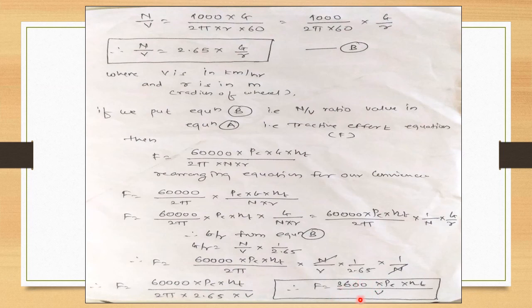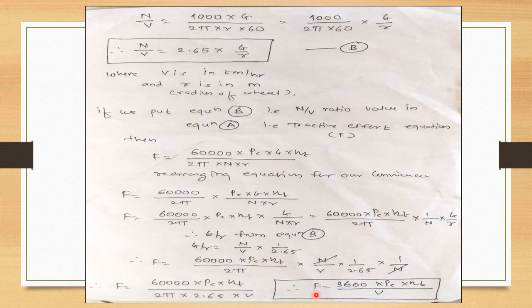So 60,000 divided by 2 into pi into 2.65 approximately comes to around 3606, but we round off this value to 3,600.